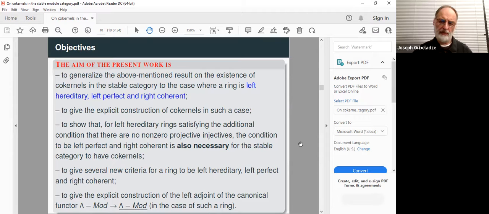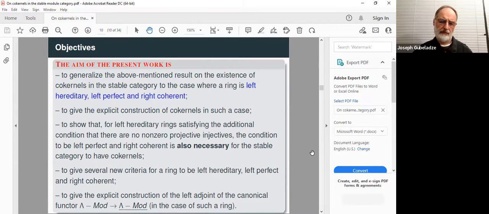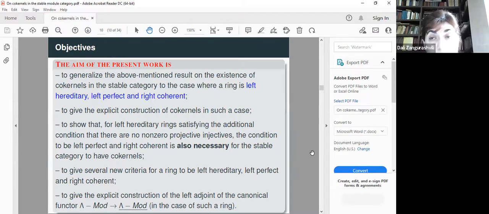Right ideal, right? Yes, we are talking about right coherent. Next aim of the present work is to give the explicit construction of cokernels in the case of such a ring, I mean a left hereditary, left perfect, and right coherent ring.